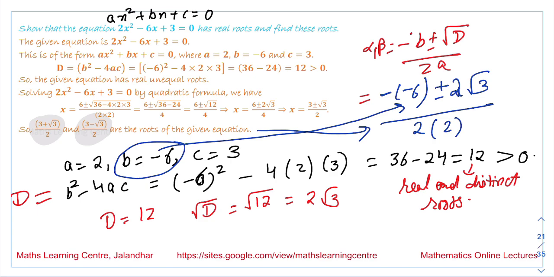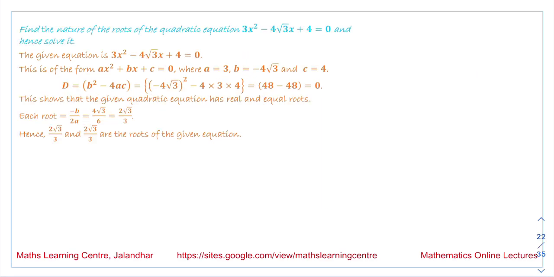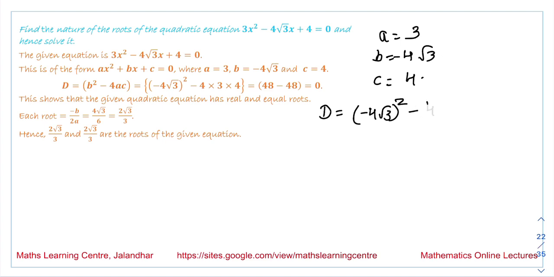Next is: find the nature of the roots of this quadratic equation and hence solve it. The value of a is 3, b is minus 4 root 3 and c is 4. So the value of the discriminant is b square minus 4ac.